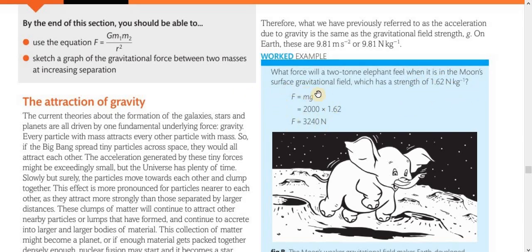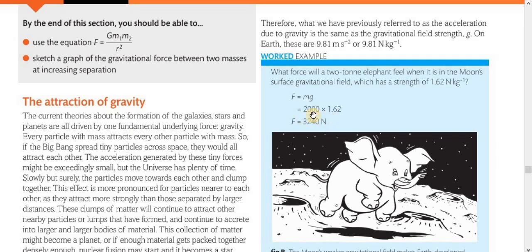Now what we are going to do is find the weight, or the gravitational force, of the moon on the elephant. What force will a 2-ton elephant feel when it is in the moon's surface gravitational field, which has a strength of 1.62 newtons per kilogram?